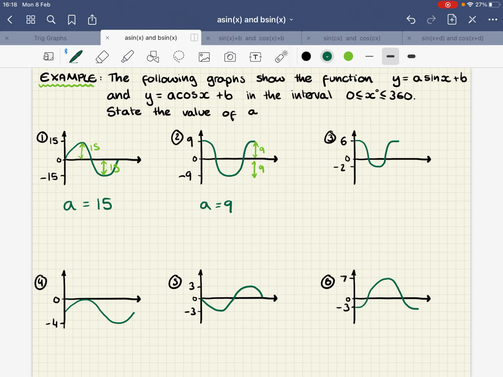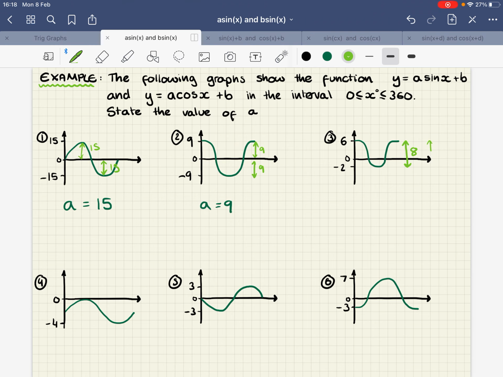Now question 3, this is where it can be a little bit weird, because if I just use the x line, that distance there is 6, but the distance to my bottom is just 2. So that's not going to work. Now with my cos wave, the easiest way to look at it is the entire distance. So that entire distance from 6 to minus 2 is 8.